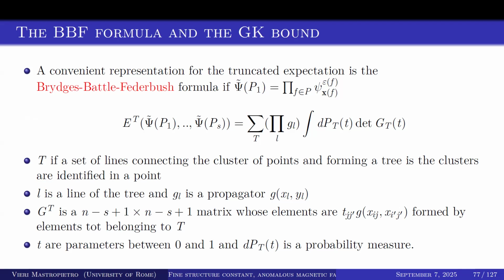Sum over trees, product of G. So this formula, by contracting it using the expectation, works as follows. When you consider expectations, you consider all the possible things, but I don't need all of them.